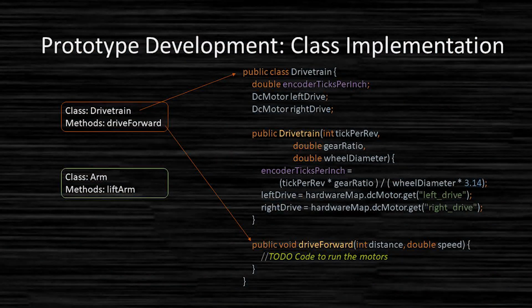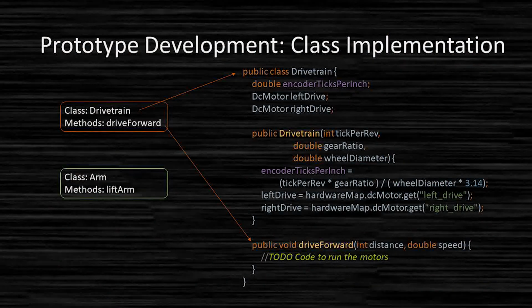Once we have that list of classes and methods, the next step is to actually start doing the implementation of the prototypes. So prototype development, we're going to call it prototyping because it maintains the parallels to the mechanical design process, but you can't really think of this as quite as temporary or disposable as you might normally think of prototyping.